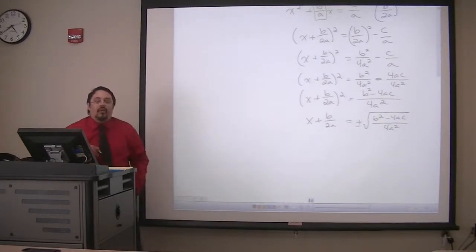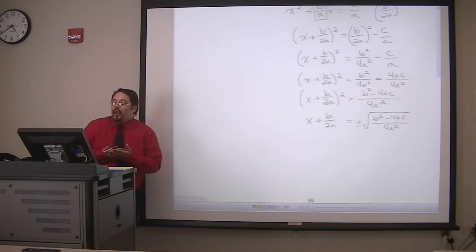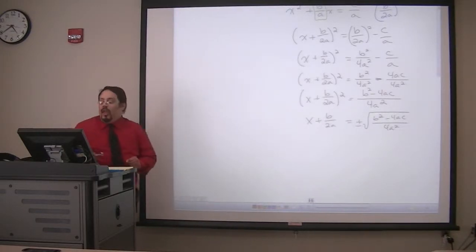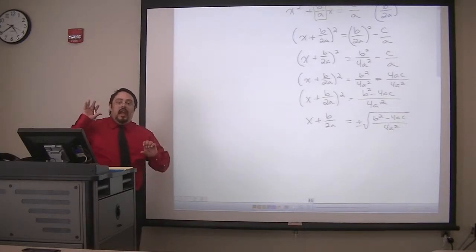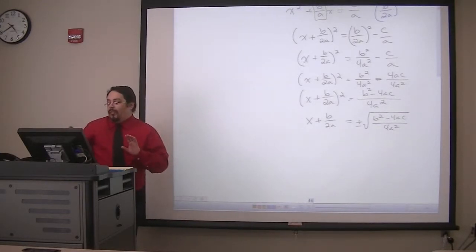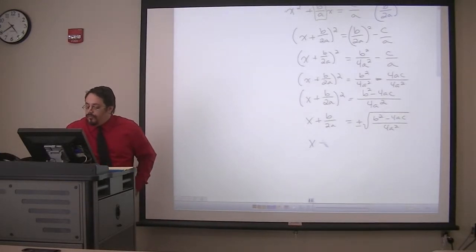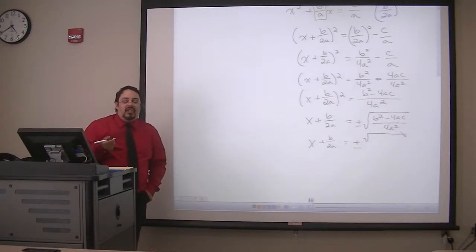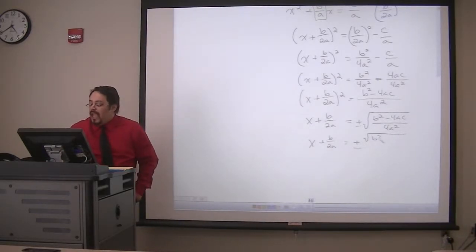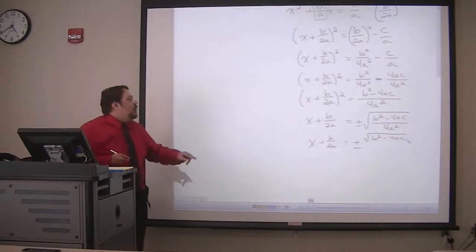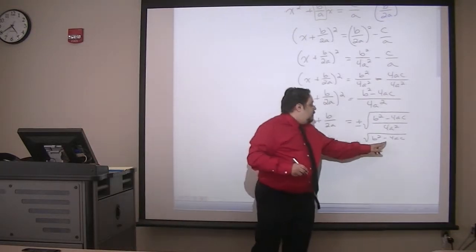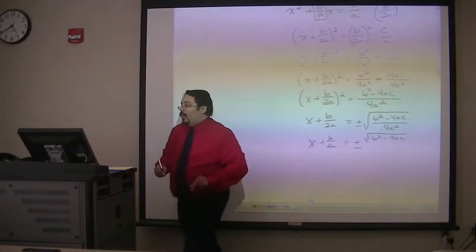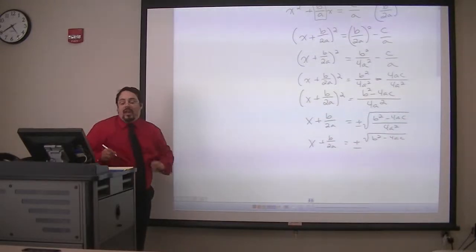So if we're taking the square root of a fraction, we can split up that square root and apply it to the numerator and the denominator. It's not going to really change the numerator that much because we cannot simplify when we have an addition or subtraction sign. But we can simplify the denominator.